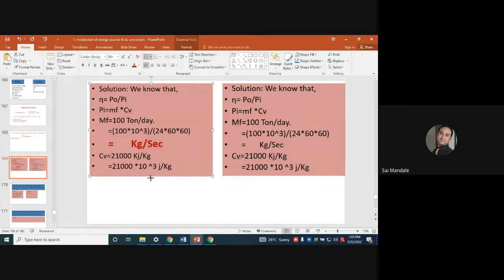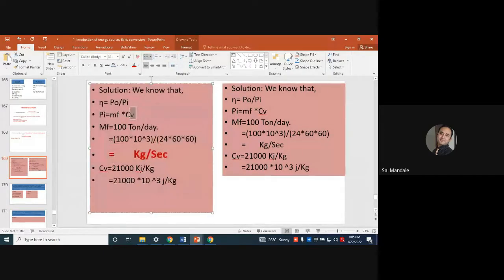And you have to calculate. Everybody, please go ahead and calculate the P input, power input given to system.